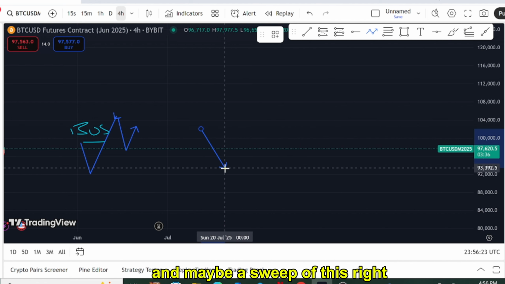We must see a sweep of this previous low coming right here, and also a break of structure, and also another low, and then another break of structure, right? So that's algo market structure for you.